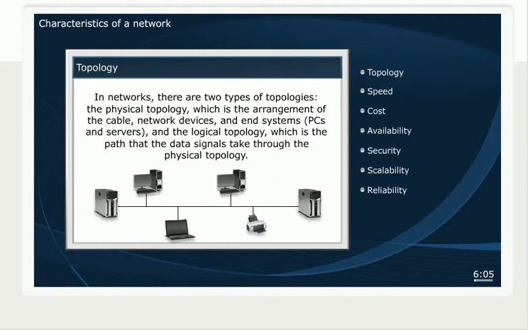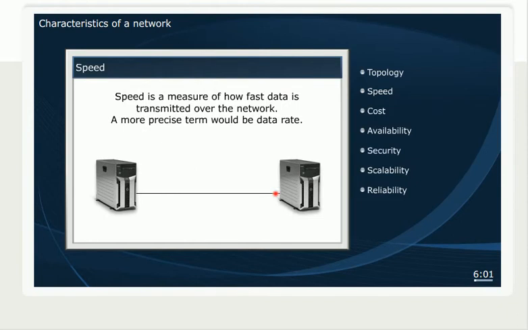That's it. Then we see speed. Hey, we've already seen speeds, haven't we? Gigabit, 10 gigabit, fast Ethernet. So different types of interfaces, different technologies give us different speeds.